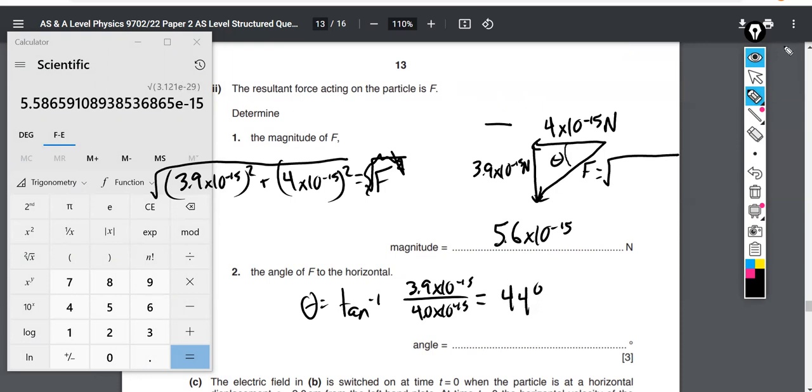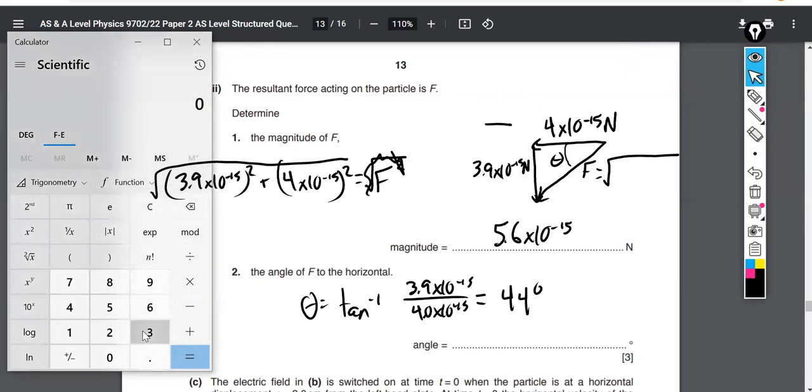44 degrees, which I'll show in the calculator right now. So we have 3.9 times 10 to the negative 15 on our numerator, divided by 4 times 10 to the negative 15 in the denominator.